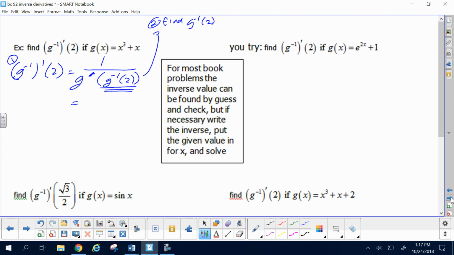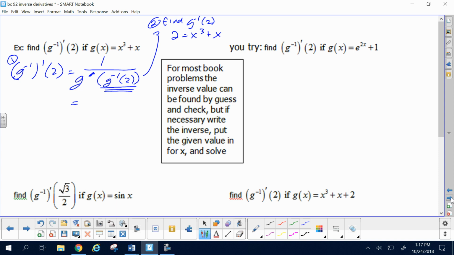If I say g inverse at 2, then in the original problem, where do I put 2? In for g or in for x? In for x. Wouldn't that just be g at 2? You put g at 2. Yeah, I knew that. So remember, on the inverse, that's actually the answer. So that should go there.